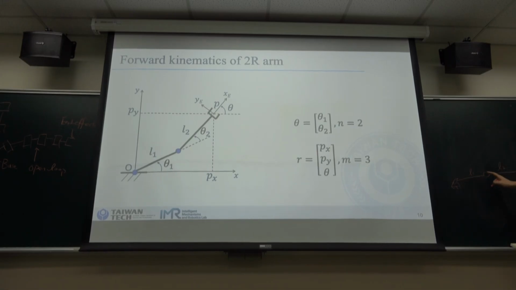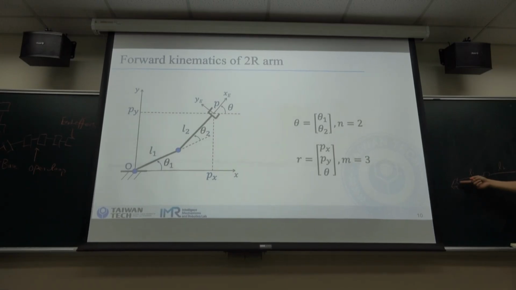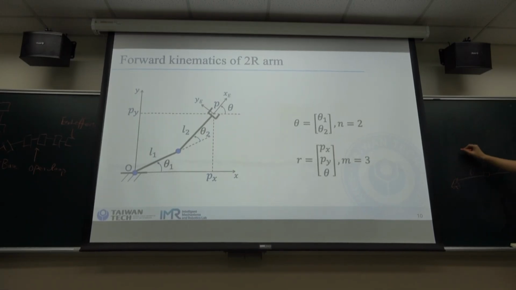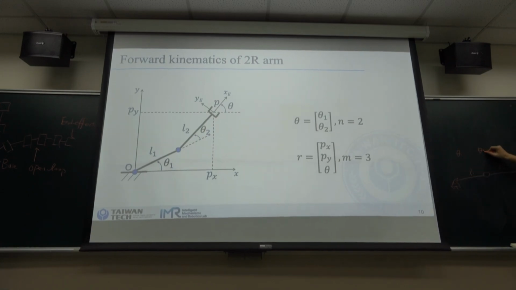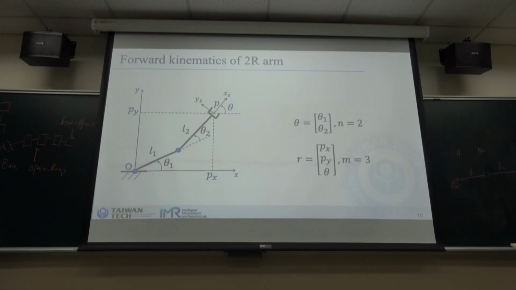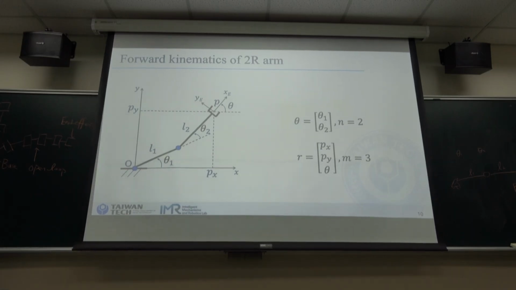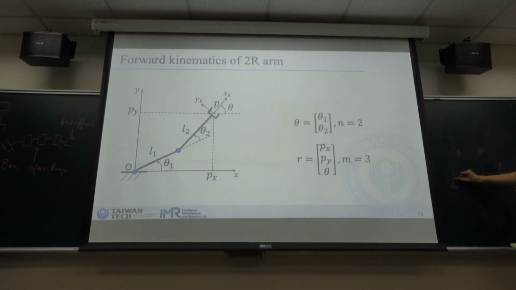We have two revolute joints and two links. We have theta 1 to describe the first revolute joint, and theta 2 to describe the second revolute joint. And what we want to know is the position and orientation of the end effector based on the reference frame here.